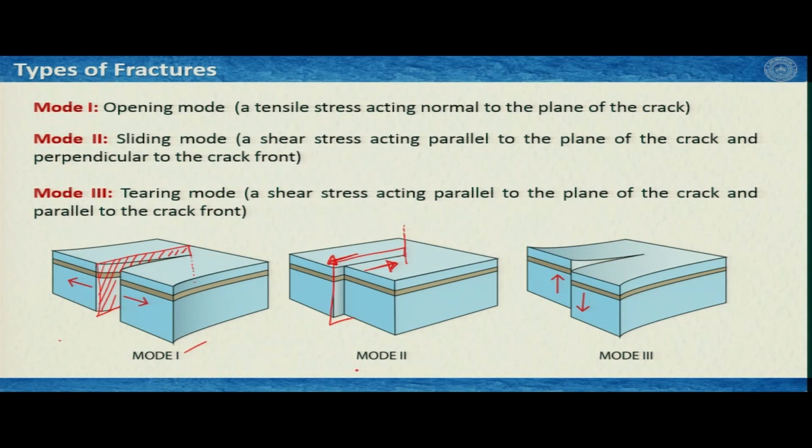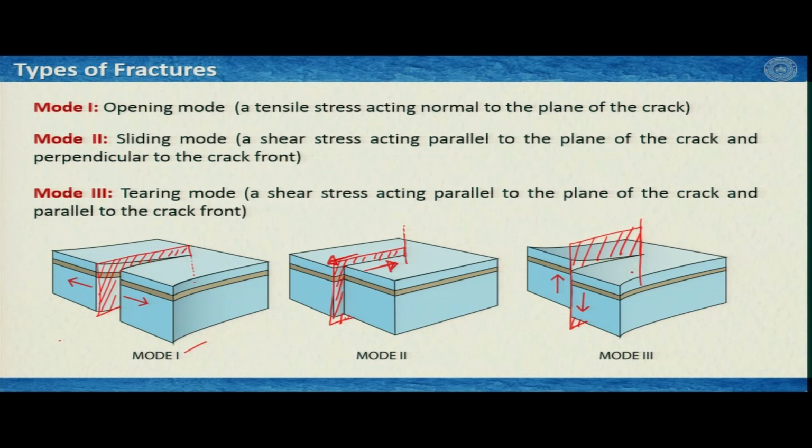The tearing mode or mode 3, on the other hand, again this is the fracture plane. I just do this here to demarcate, this is the fracture plane. And what it says is that a shear stress acts parallel to the plane of the crack, as you can see, and also parallel to the crack front.